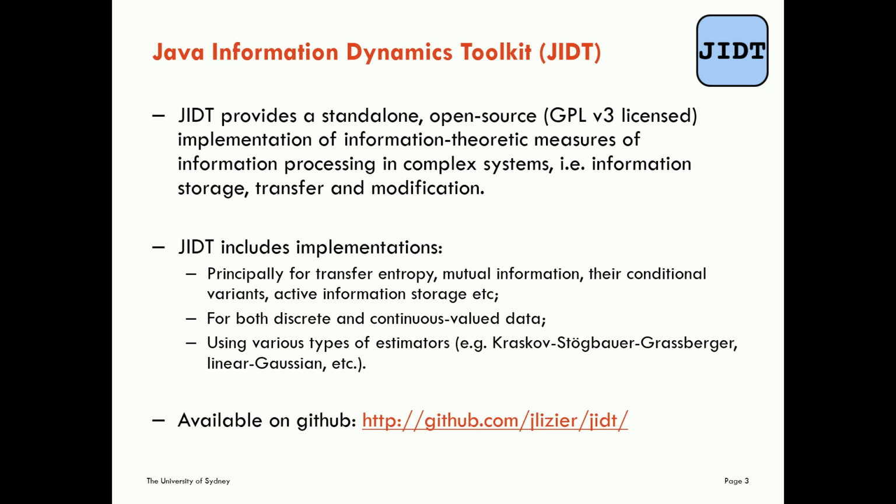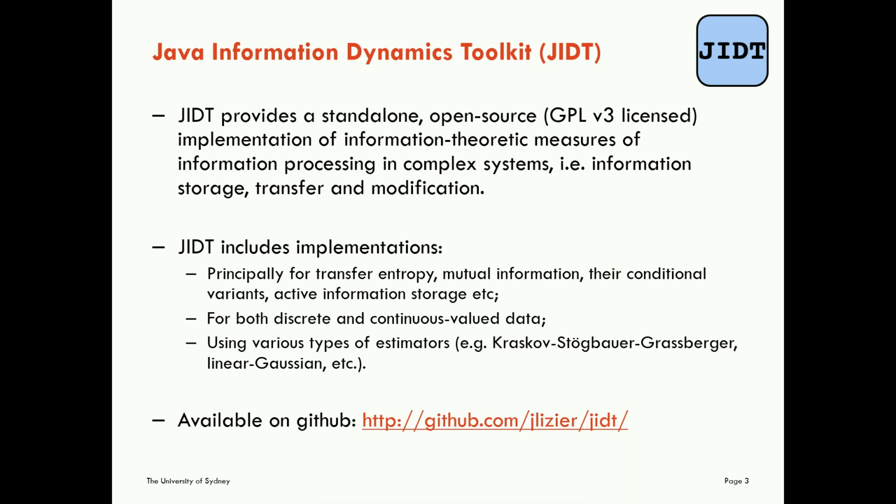Okay, so JIDT provides a standalone open source software implementation of information theoretic measures of how information is processed in complex systems, focusing in particular on measuring how information is stored, transferred, and modified. The software is open source, licensed using the GPL version 3 license. It includes implementations principally for transfer entropy, mutual information, and their conditional variants, as well as active information storage for measuring the storage of information, and so on.